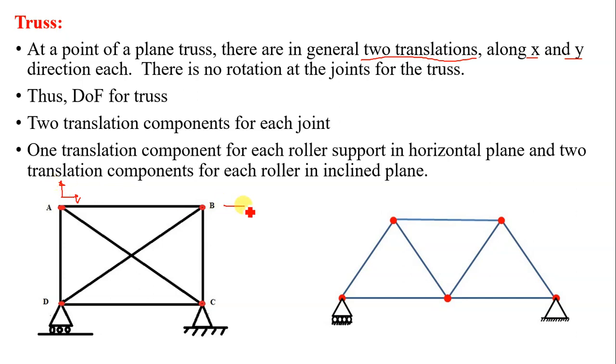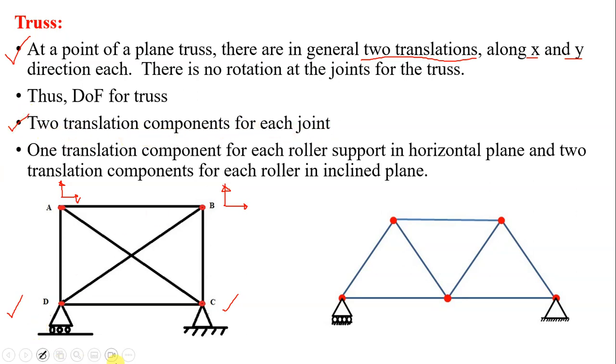Similarly, at B, one translation in x direction, second translation in y direction is possible. Remember, D and C are the supports. We are talking about the joints. So two translation components for each joint.